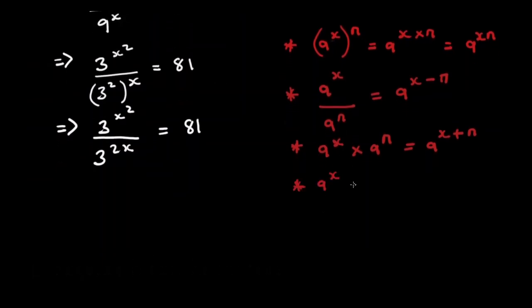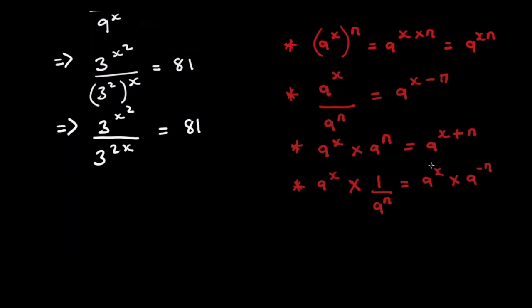A to the power x over a to the power n will be written as a to the power x multiplying 1 over a to the power n, and this is equal to a to the power x multiplying a to the power minus n.